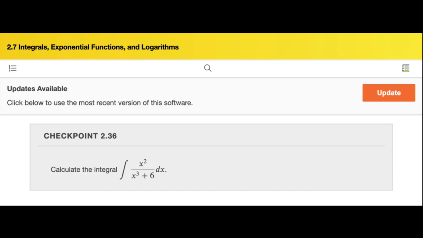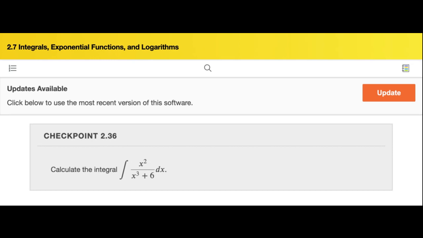Ali, ln of x cubed plus 6. Okay, James has ln absolute value of x cubed plus 6 plus c. Yes, I agree with Paul. Oh, Paul is missing the absolute value sign.